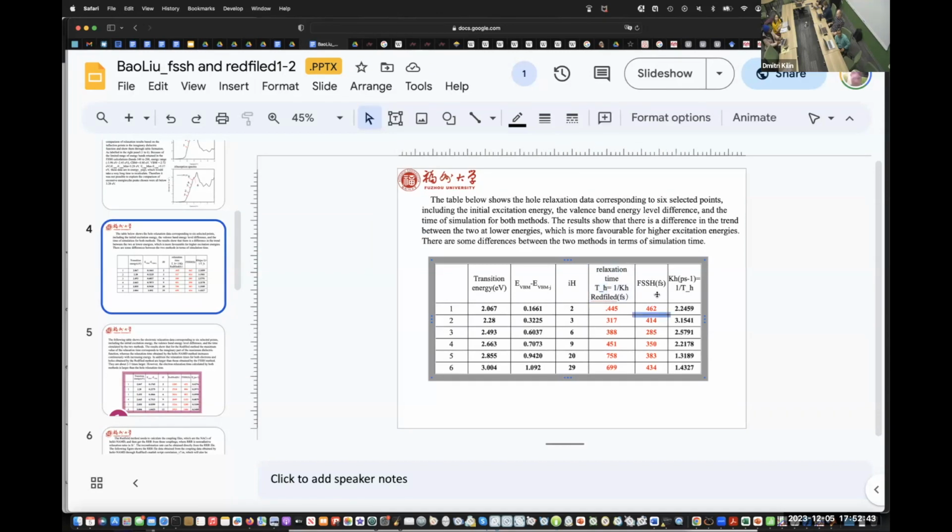Here is the relaxation time in surface hopping.